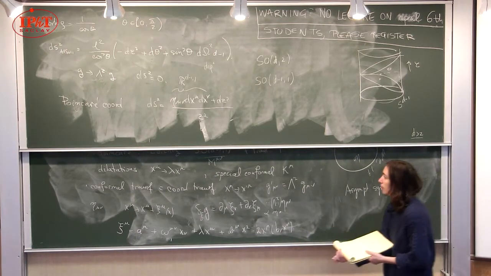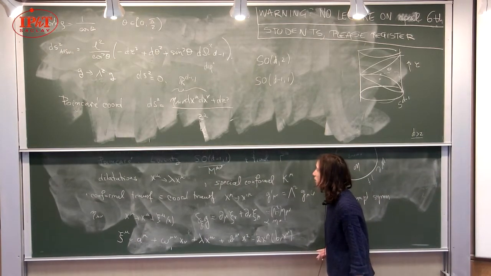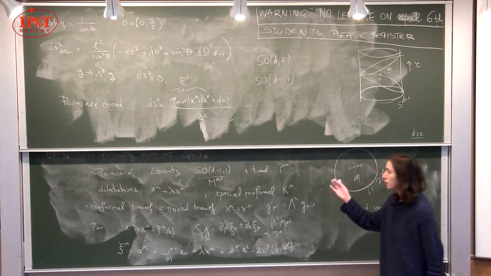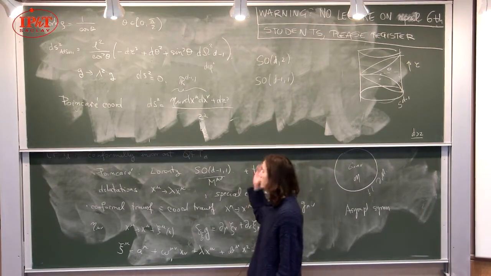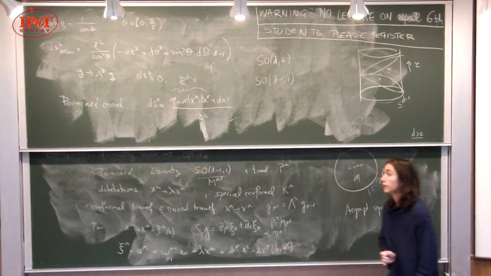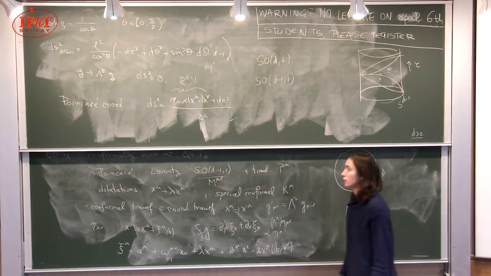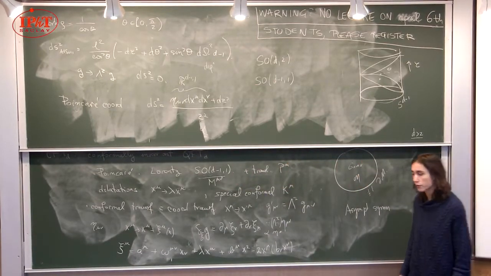Okay, so this is all very nice. It turns out the conformal field theories are really beautiful quantum field theories because, in particular, you can study them. Conformal invariance imposes a lot of constraints on the form of correlation functions.